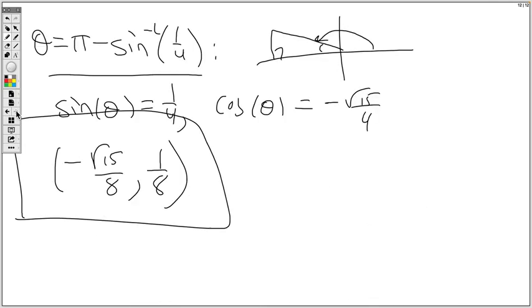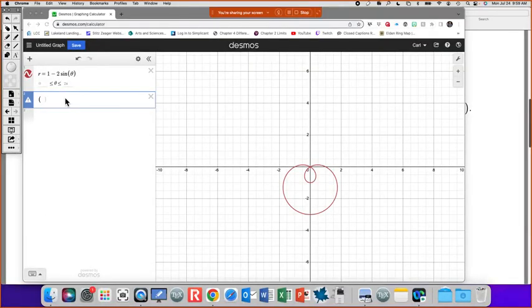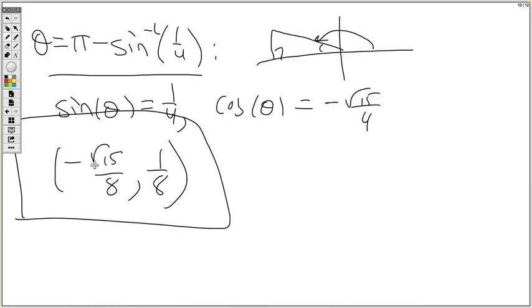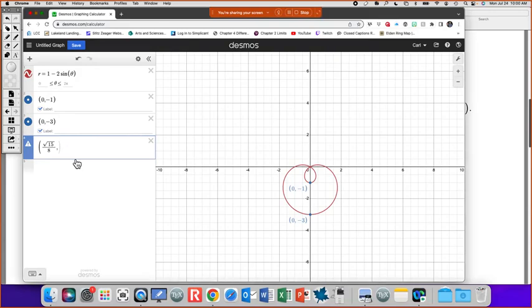We got 0, -1, 0, -3, and we had square root of 15 over 8, comma 1 over 8. And then we had the symmetric point here.